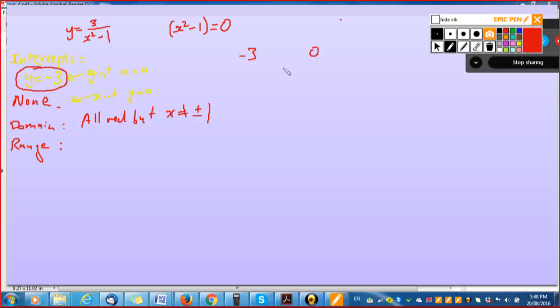Does that make sense? But it'll never quite reach 0. Can you actually have a value that's bigger than negative 3? What value is that?